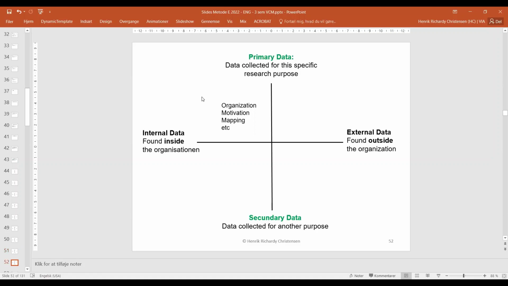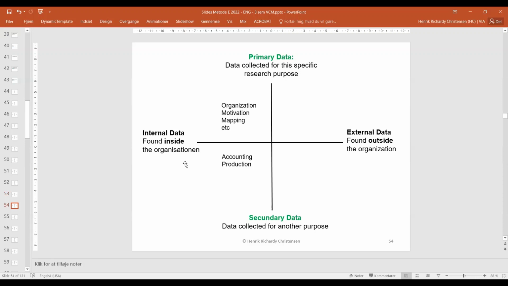So if we jump down to secondary data, meaning data that is not collected for our purpose, but they're still internal, there we might find lots of data from our accountings, and that simply means what kind of accounts do we have in our company? What do the numbers tell us?